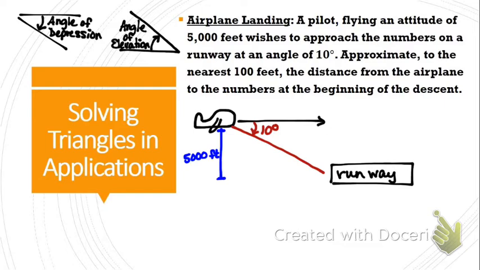All right. How do I make sense of this? What can I do with this? What are we looking for in the problem? The distance from the airplane to the numbers. So would that be this?